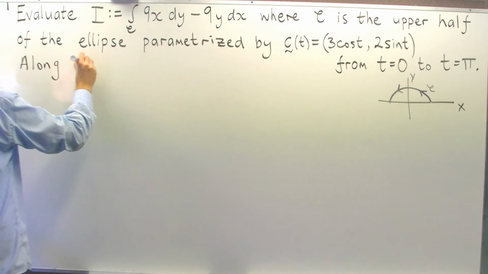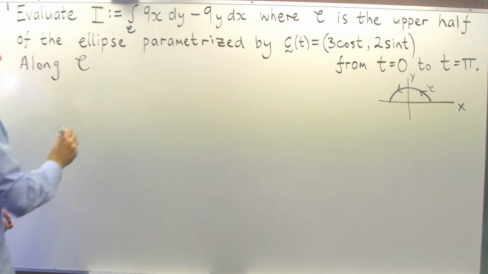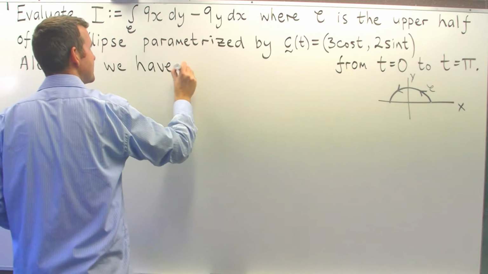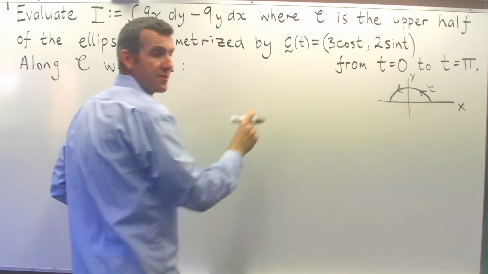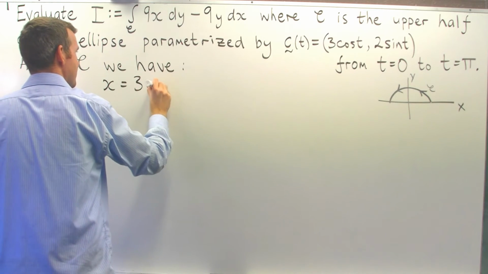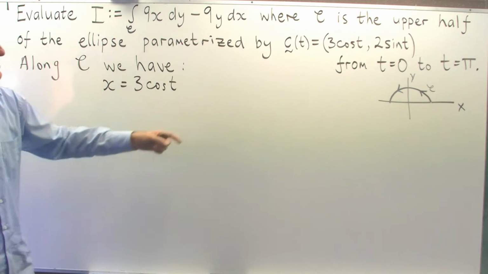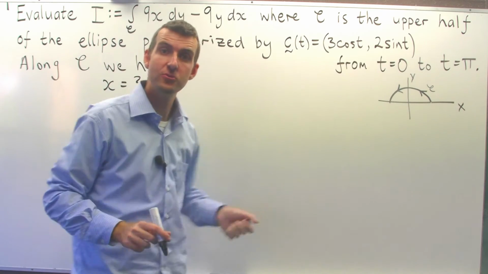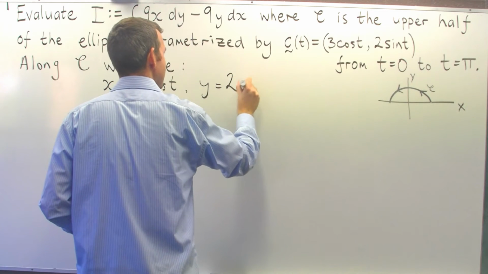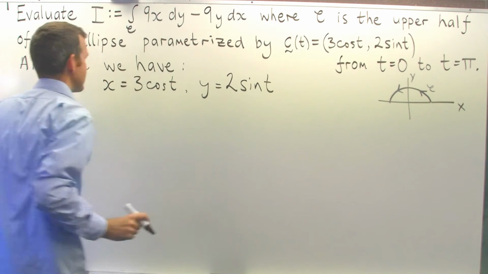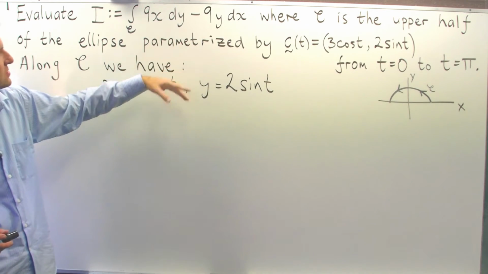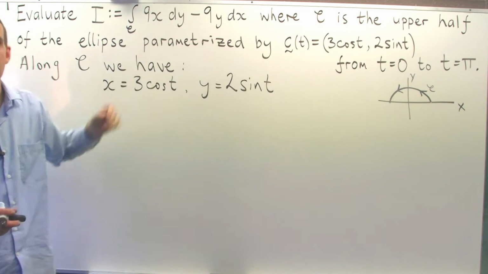Along our curve curly C, we have the following. x is equal to 3 cos t, and y is equal to 2 sin t. So what we do now is calculate the differentials here, and back substitute into this original line integral.